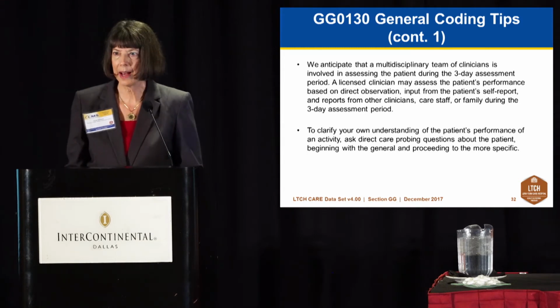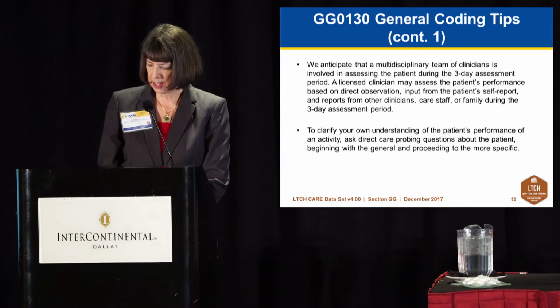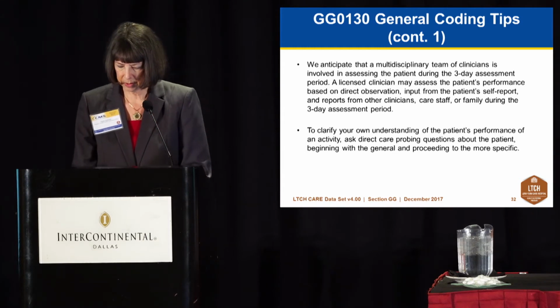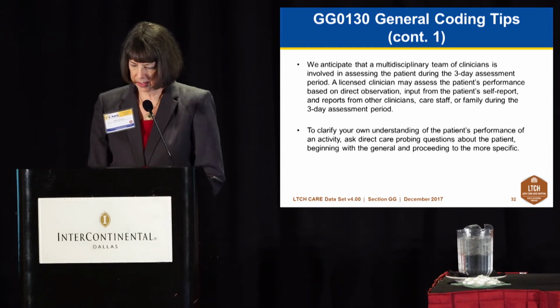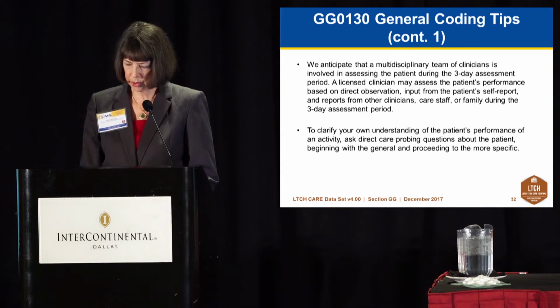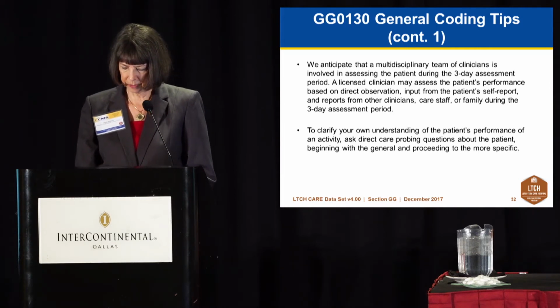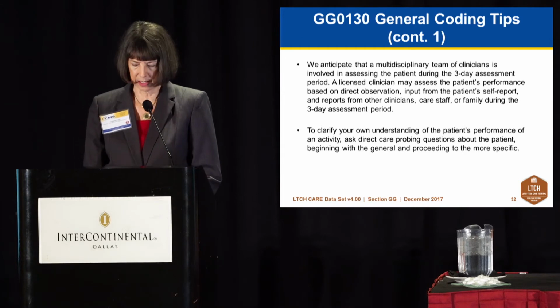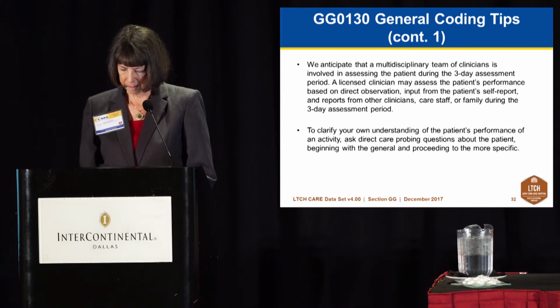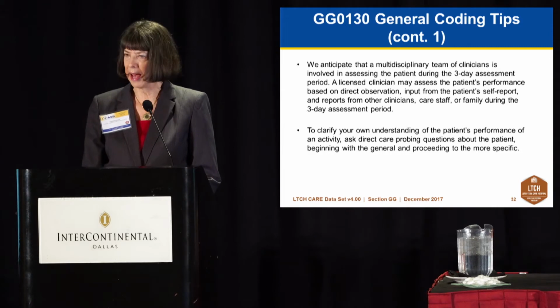Patients with cognitive deficits may need physical and or verbal assistance when completing an activity. So be sure to code those patients based on the patient's need for assistance to perform the activities safely. For example, a patient may have a choking risk along with cognitive deficits.